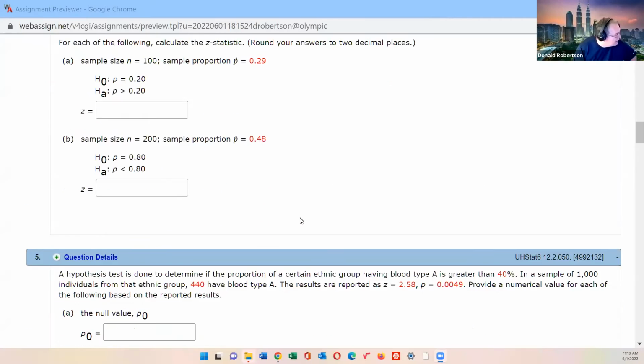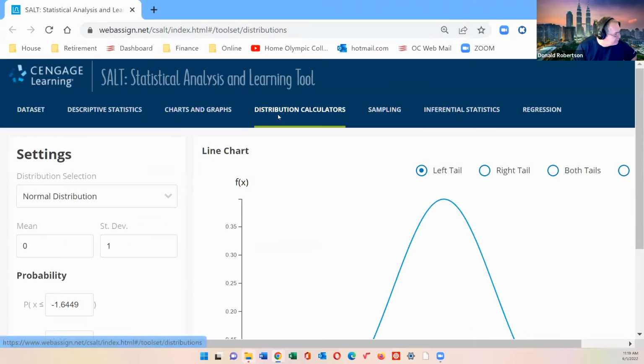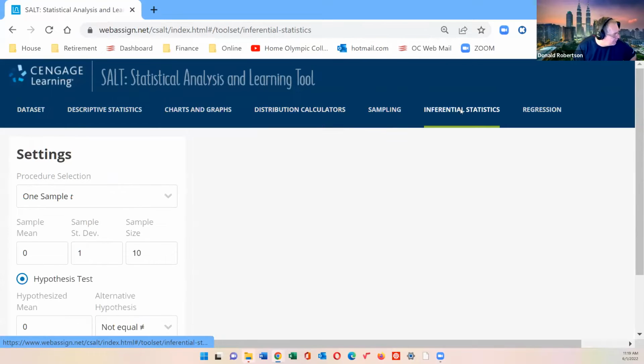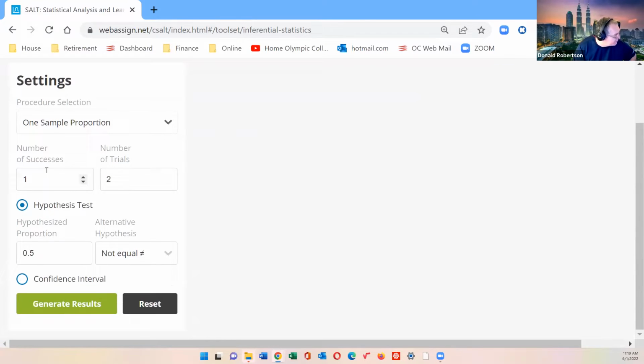And now I'm going to return back to here, and I'm just going to use SALT. Inferential statistics, one sample proportion, and the number of successes is 16.5 out of 30, and please don't get annoyed, software.